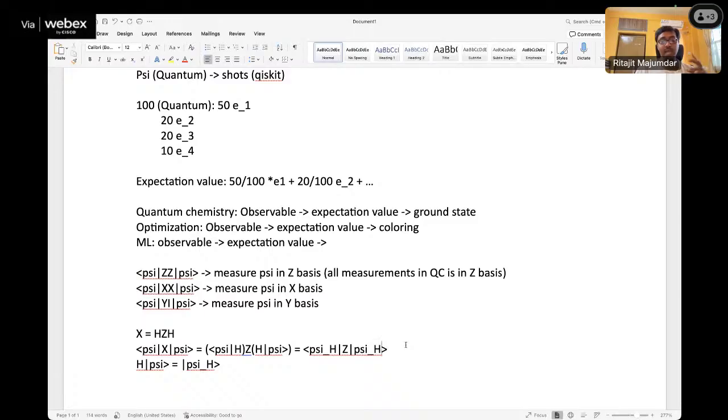So this is as simple as saying that if you want to measure in a different basis, you need to apply the appropriate rotation gate. When you want to measure in the Y basis, rotation with Hadamard will not work. It will require an S dagger gate followed by a Hadamard gate.